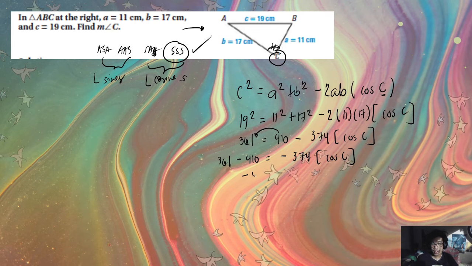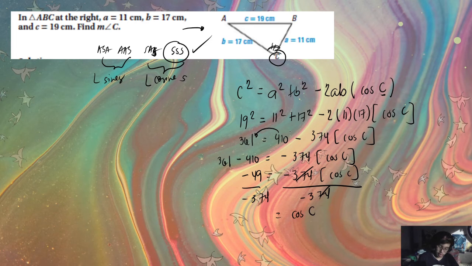So this negative 49 is equal to negative 374 cosine of C. Now we still have to divide both sides by negative 374 so that the numerical coefficient next to cosine of C will be cancelled. Therefore, cosine of C is equal to 49 divided by 374, since they're both going to be positive in the end.